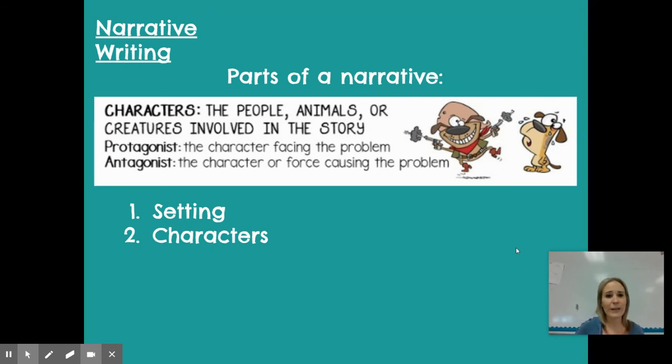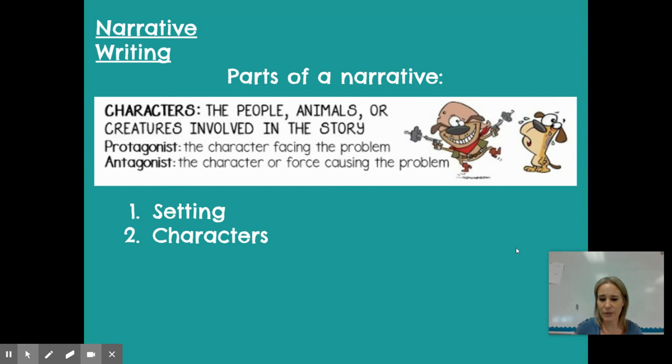They can be people, animals, any kind of creatures, but they're going to be involved in the story. You're going to make sure you have your protagonist, okay? Our hero, our main character can have positive and negative traits. Our antagonist, the one that's up against our hero, our protagonist, they're going to be the character or the force causing the problem.